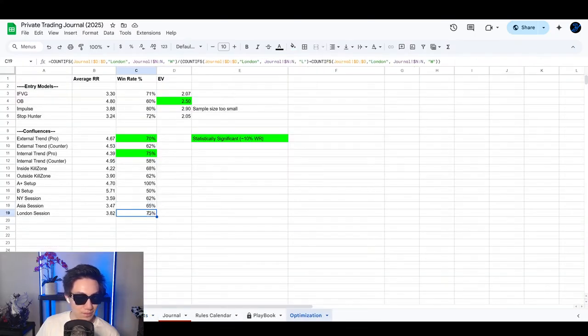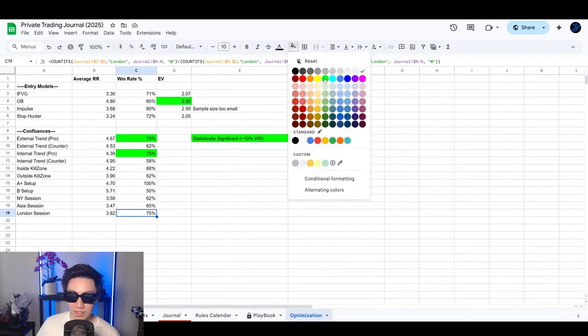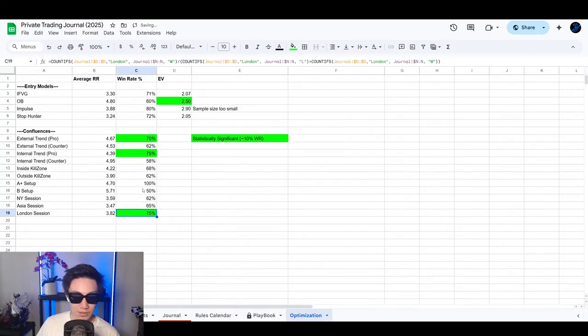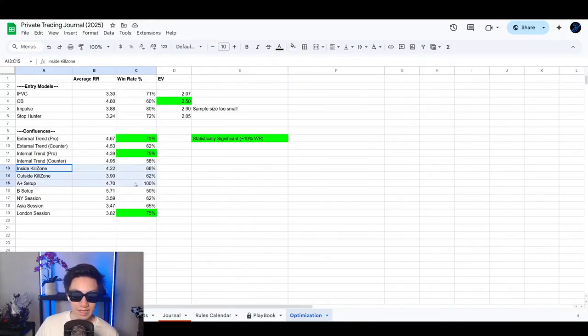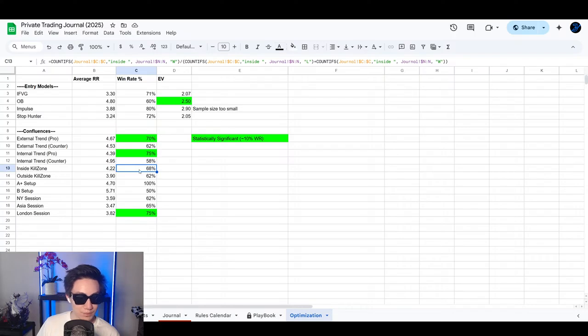So in this case, I can actually argue London session is the most profitable for me. Now, if you want to pick these out and categorize them, you could just pick whichever one has the highest and color it green. You can write a formula for that in Excel as well, I believe.